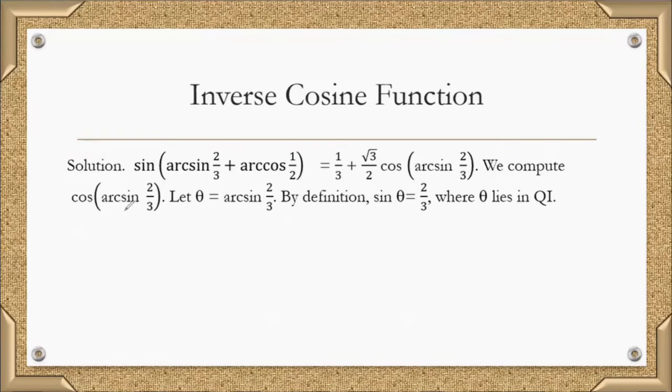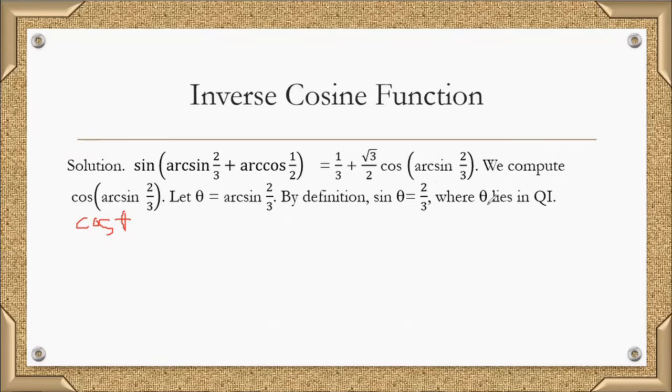So, pag ginawa natin to as a theta, mangyayari ngayon ay cosine theta. So, by definition, the sine theta equals 2/3. Di ba yun yung ating arc sine 2/3? By definition, kasi ang arc sine 2/3 ay pwede siyang maging sine theta equals 2/3.